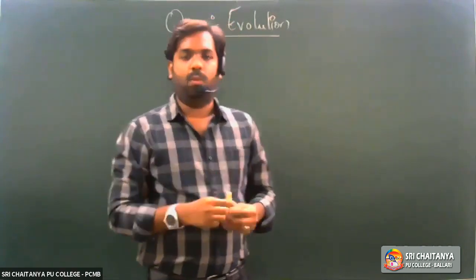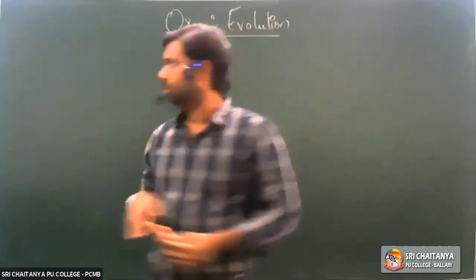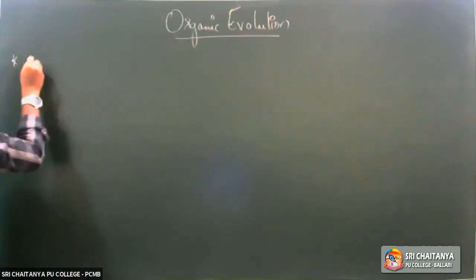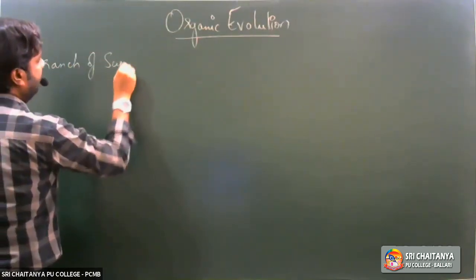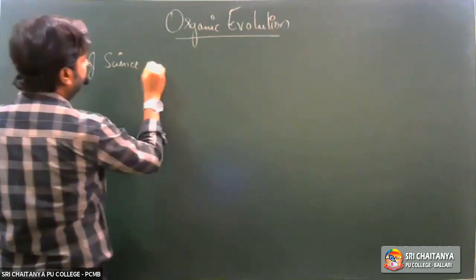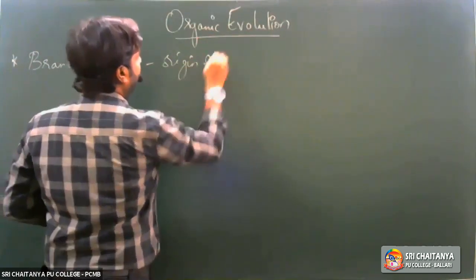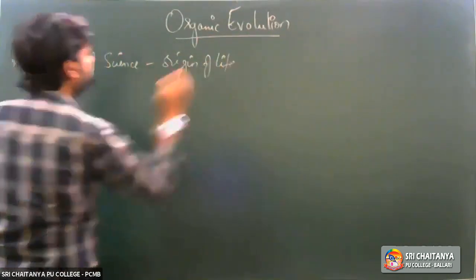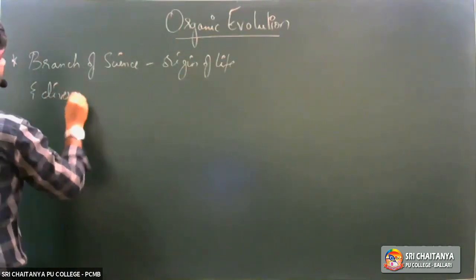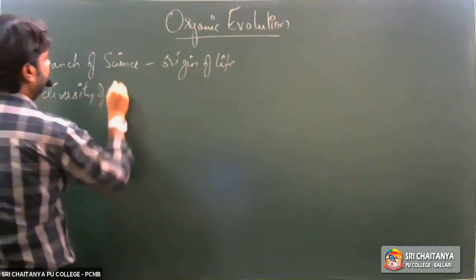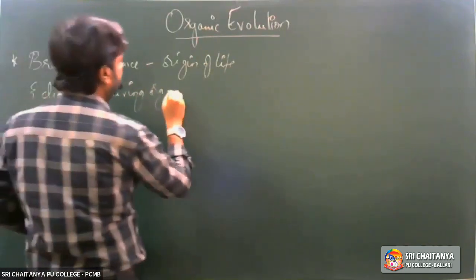Before we begin, what is this evolution all about? Right, so what is evolution? If you have to define evolution, we define evolution as a branch of science that deals with the origin of life as well as the diversity of living organisms over the ages.